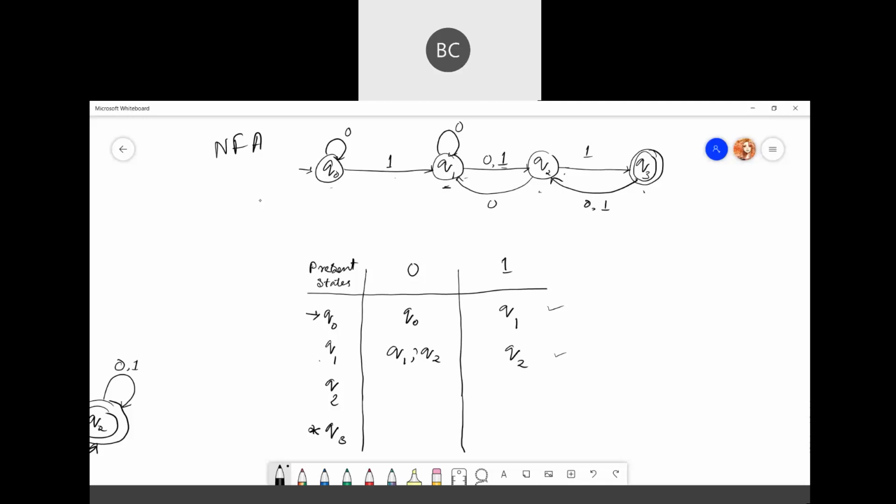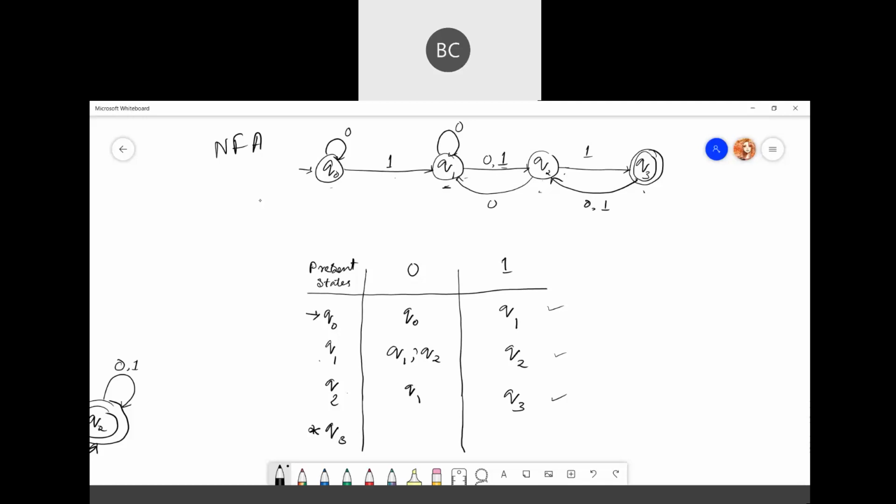For Q2, if it takes 0, where is it going? From Q2, if it takes 0, it comes back to Q1 again. So Q1. Okay. Now from Q2, if it takes input symbol 1, it goes to Q3. Okay, this row is also done.